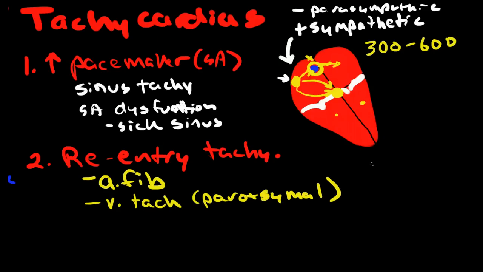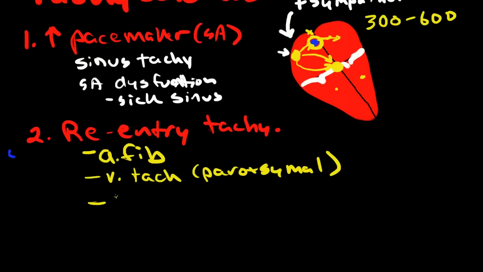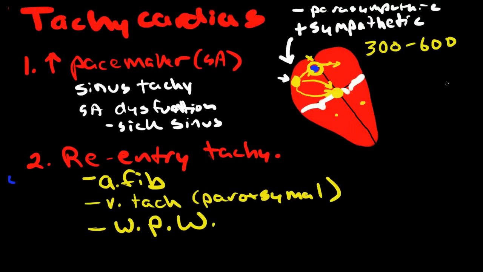And another type of reentry tachycardia that's very famous is called Wolff-Parkinson-White syndrome, or WPW. Wolff-Parkinson-White syndrome is very interesting. Now remember I told you that in a normal heart we have the cartilage of the valves and the annular rings around the valve completely separate the atria and the ventricles.